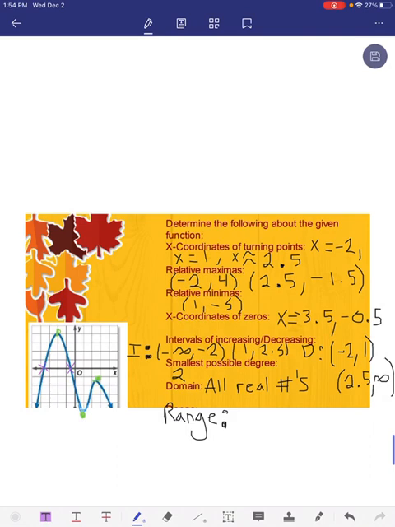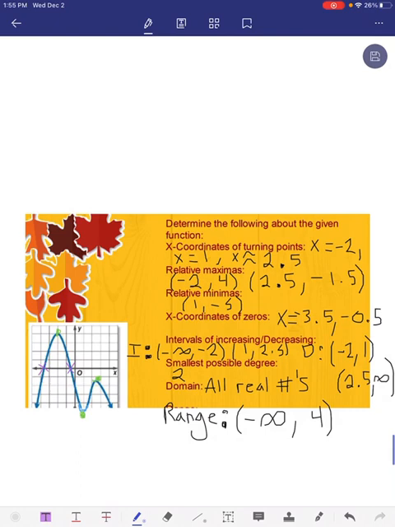So it could be -2, -100, -5 million. It goes down forever. But as we continue up our graph, notice that the highest y value that we get to is 4. And since we're assuming that those arrows indicate that we're pointing down forever, we're going to say that our range is from -infinity to 4.